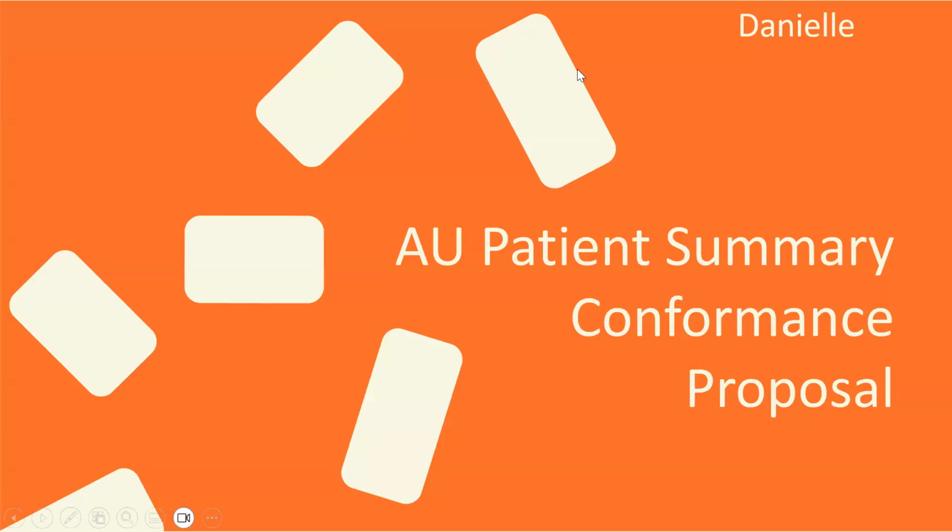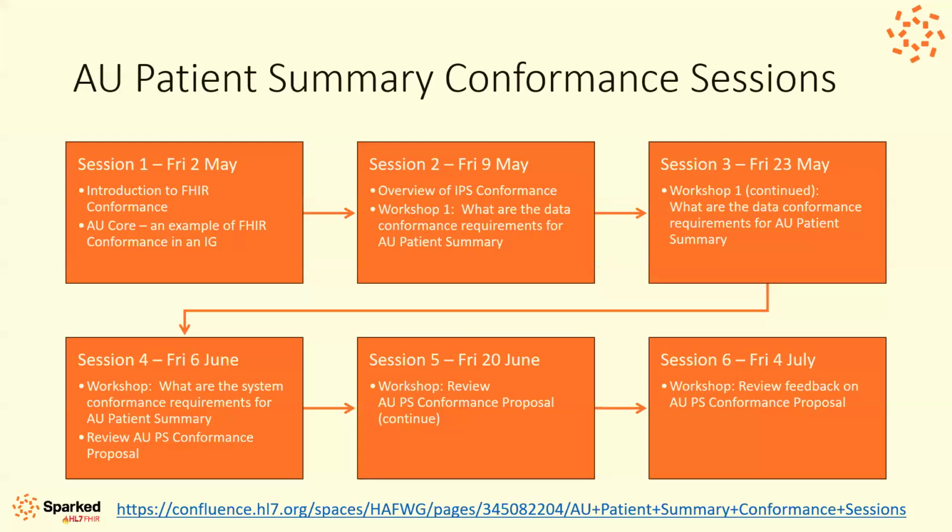So, conformance proposal, same kind of thing that we're actually talking about, which will be about emptiness. I know I'm kind of jumping ahead here, but we have run through 6 conformance sessions. And we voted on the first part of the proposal in our last meeting, and that passed. And last Friday, we got back together again to look at the proposal around missing data and emptiness, empty sections, and suppressed data.